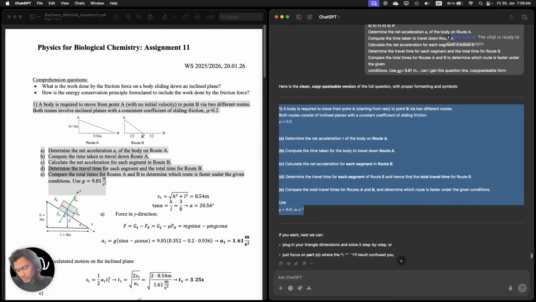The body is required to move from point A, starting from rest, to point B. Determine the net acceleration A of the body on route A. Okay, net acceleration. Let's start.